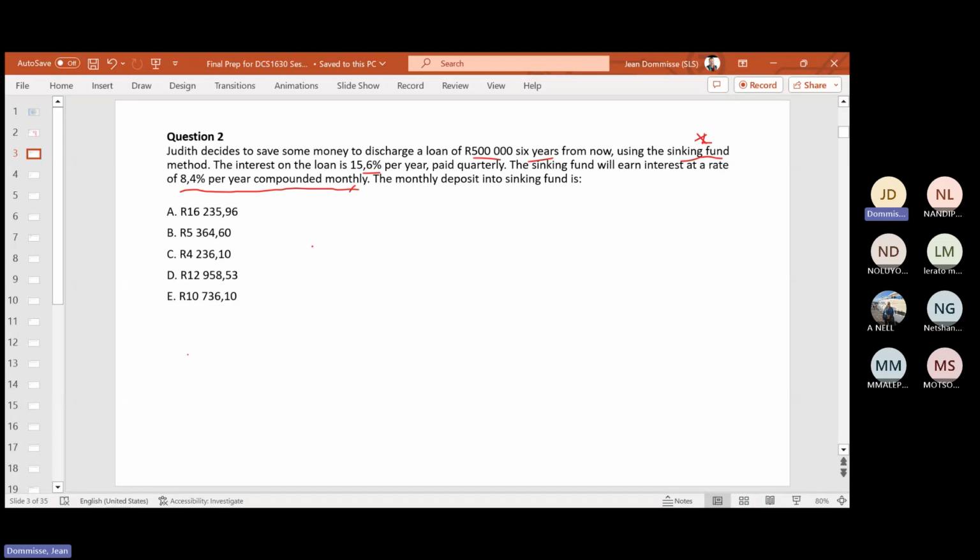With a sinking fund, I will use my calculator. Judith decides to save money to discharge a loan of 500,000. So we have that as your S. So that is your future value.